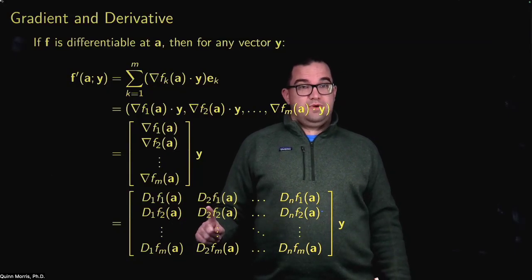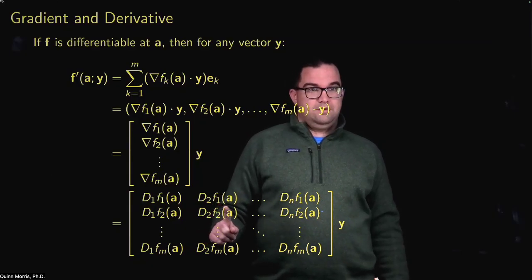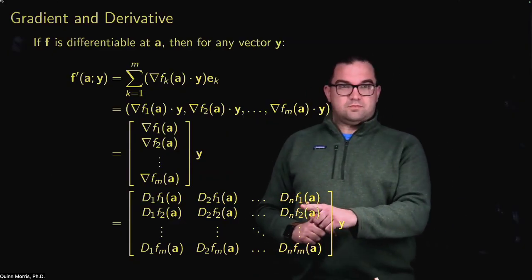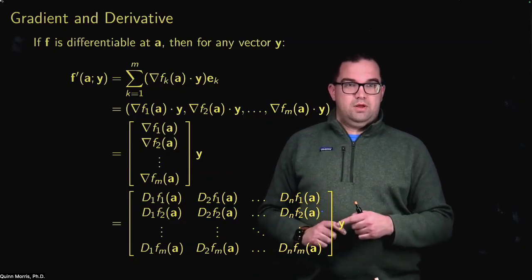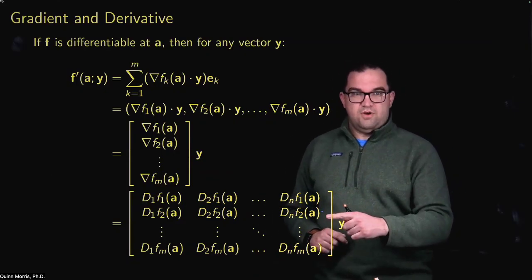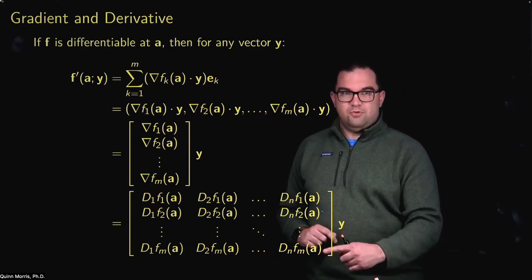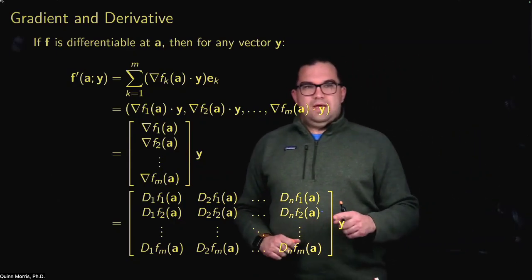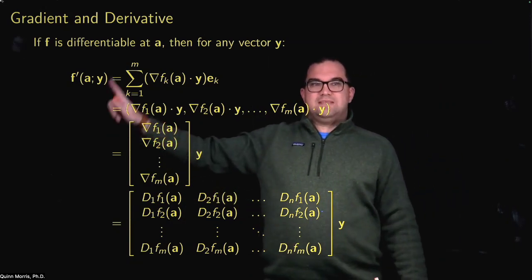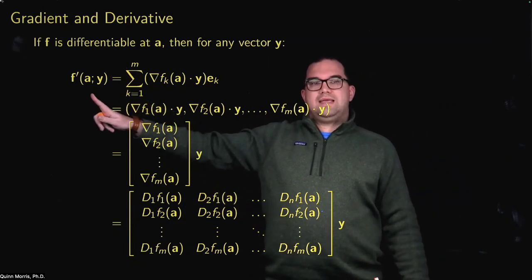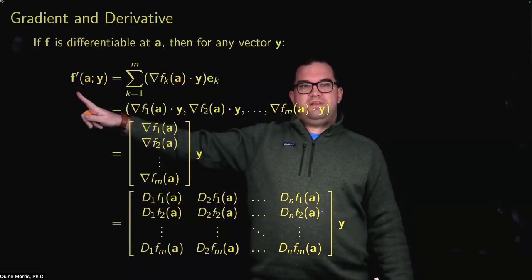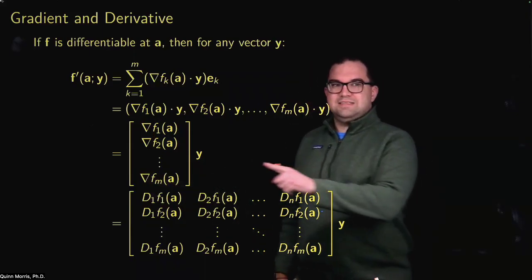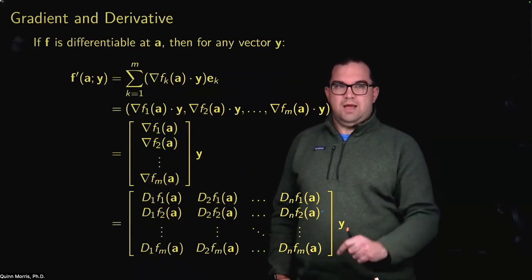The second component is the derivative with respect to the second variable of f1. Up to the nth component, which is the derivative with respect to the nth variable of f1. And then I repeat that for the functions f2, f3, f4, f5, all the way up to fm. So what I end up with is that, if f is differentiable, I can express the derivative of my vector field with respect to a vector y as this matrix times y.